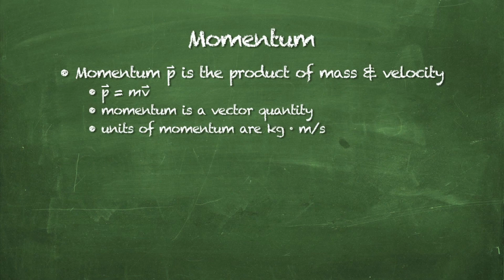Now, momentum is a vector, so it has both magnitude and direction. In other words, if you have 1 kilogram meter per second of momentum in the x direction, that's different than 1 kilogram meter per second in the y direction. Both have the same magnitude, or the amount.